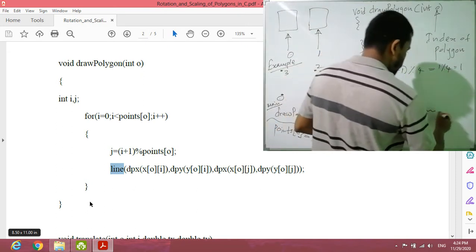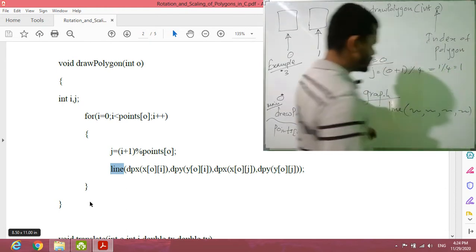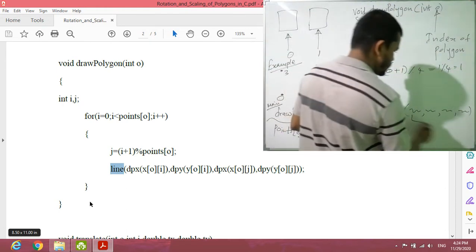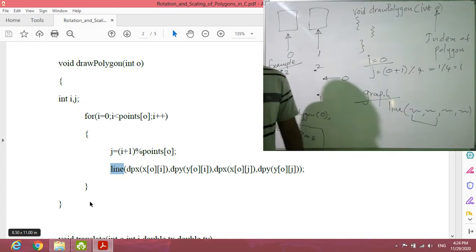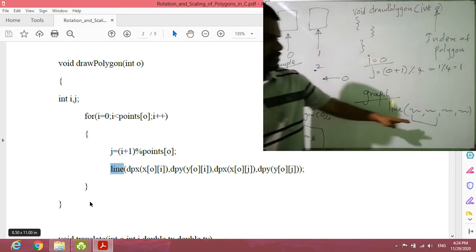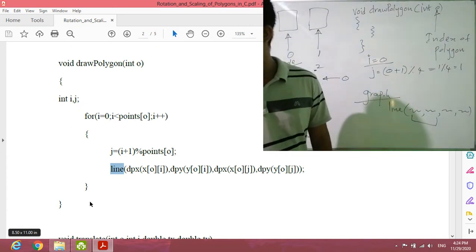There are 4 parameters. You have to pass the coordinates of one particular endpoint.